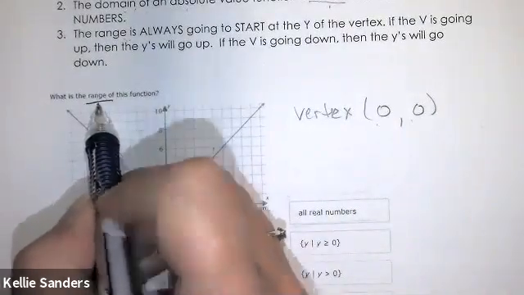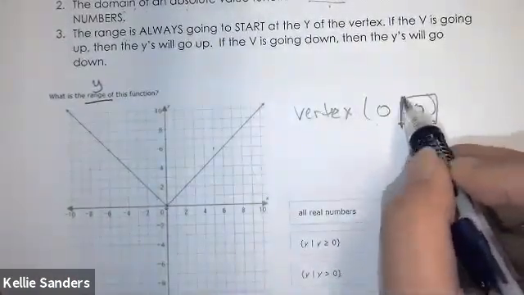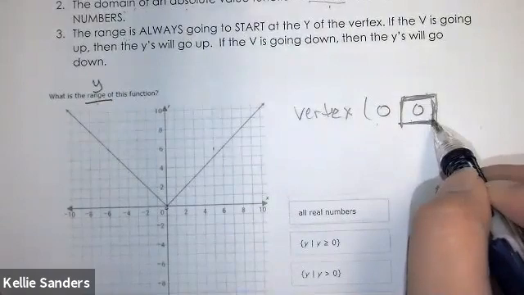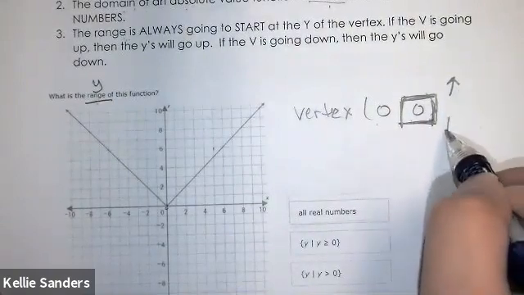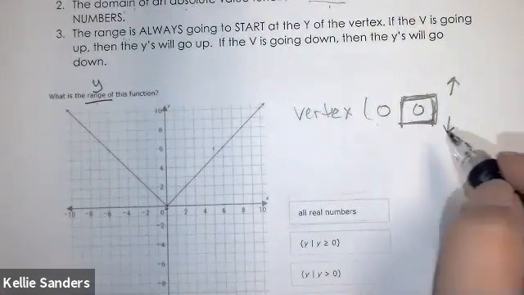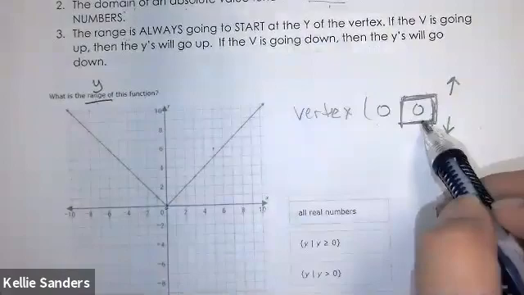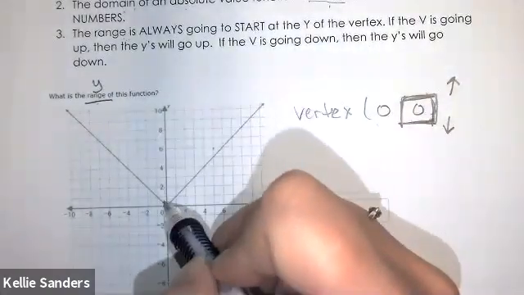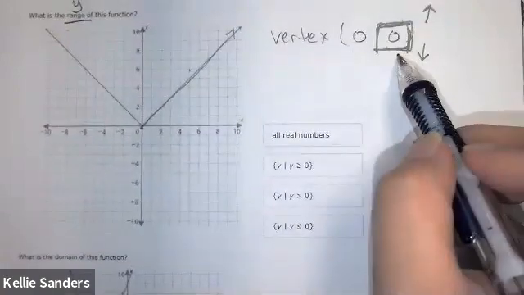If it asks for the range, and the range is y's, your range is always going to start at this number, whether it's going up, a positive V, or going down, a negative V. So if it asks for the range, then you're going to look at your y. This V is a positive V, and it's going to start at 0.